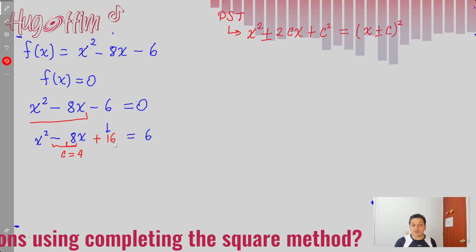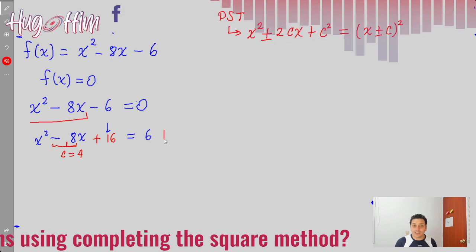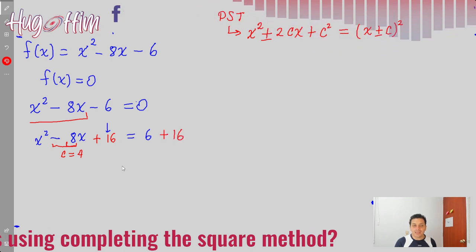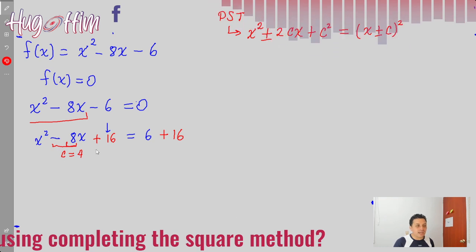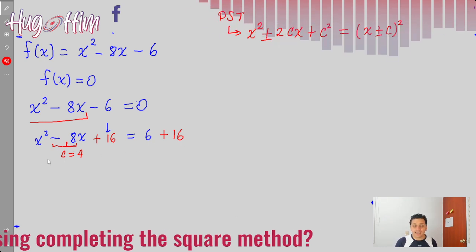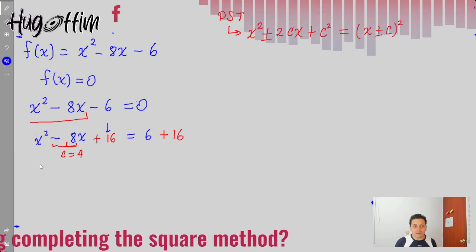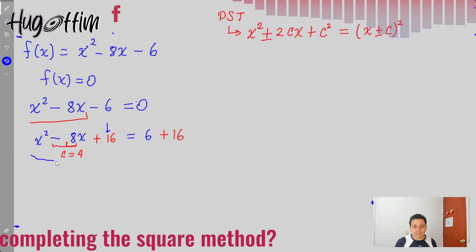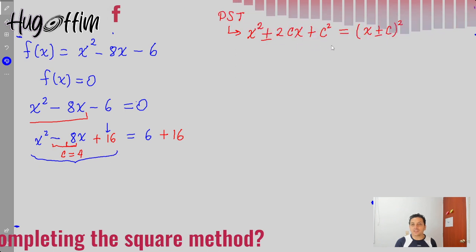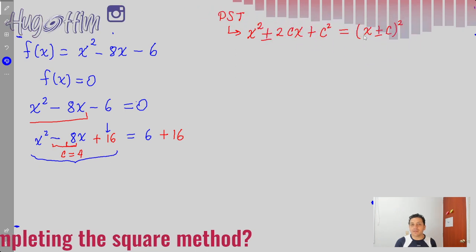But remember that if you add to one side of the equality, you should add it to the other side. So now that I add 16 to both sides of the equality, I can factor this trinomial using the perfect square trinomial formula.